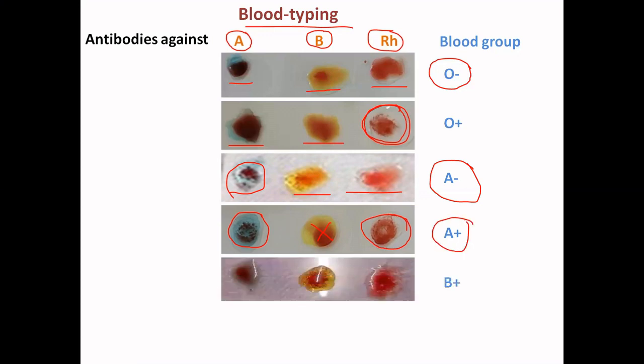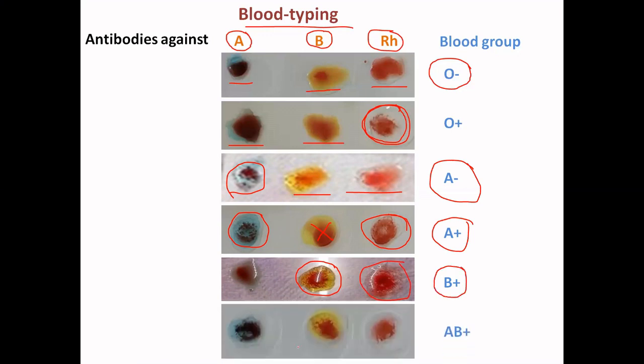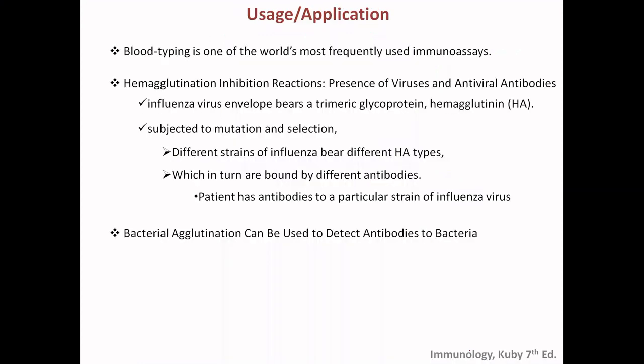Similarly, we can see the agglutination reaction in the B antiserum and the Rh antiserum. So this is a B positive person. And in this one, we can see the reaction in all three: A, B, and Rh. So this one is AB positive. So the agglutination reaction is widely used for blood typing.